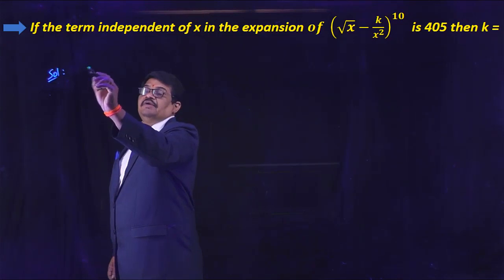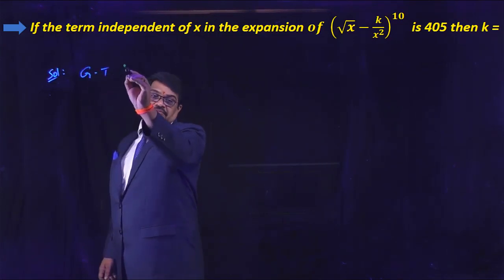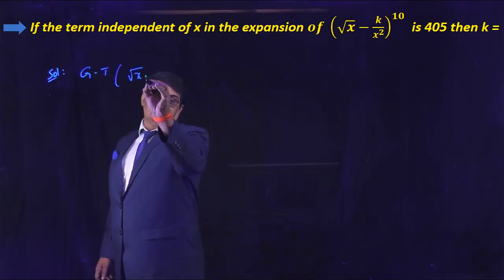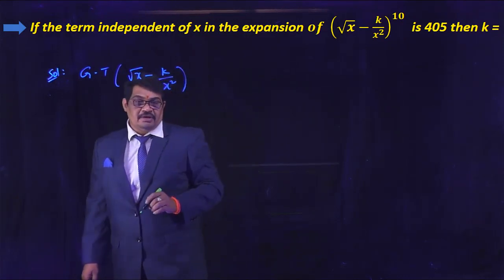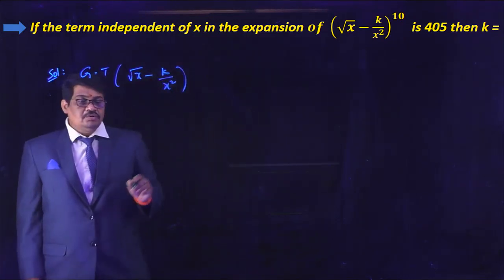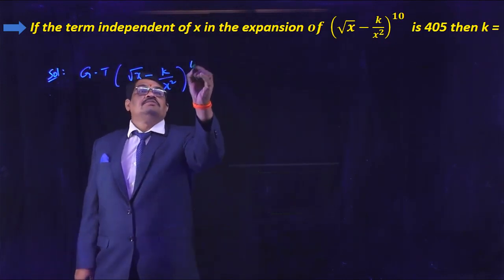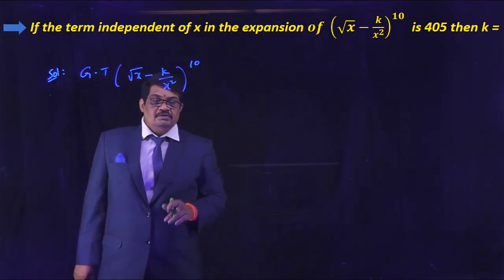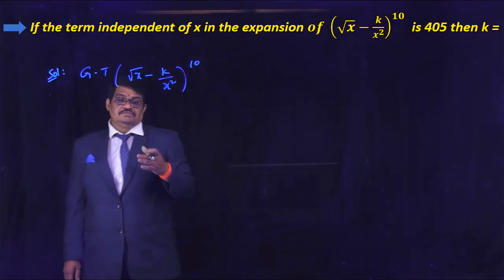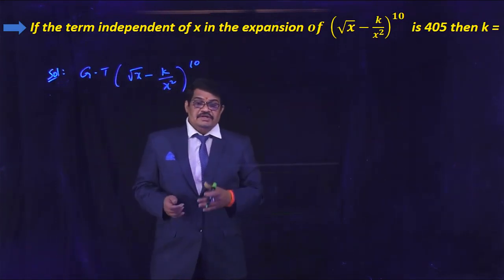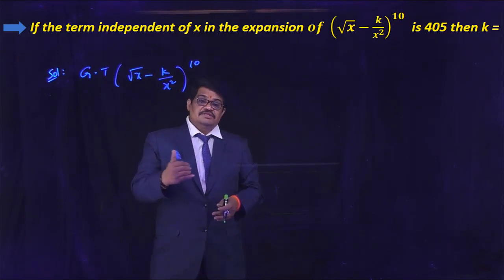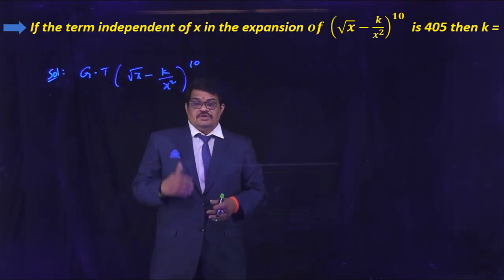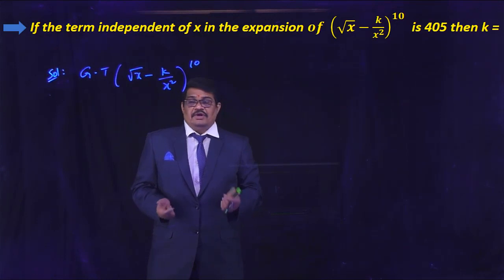What is the given expression? It is (√x − k/x²) whole to the power of 10. In that expansion, the term independent of x is 405. Then what is the value of k?